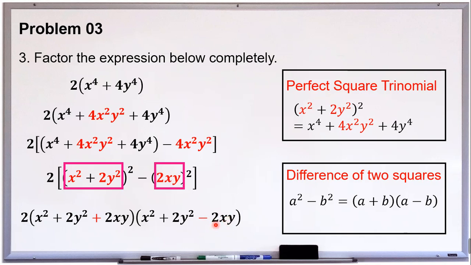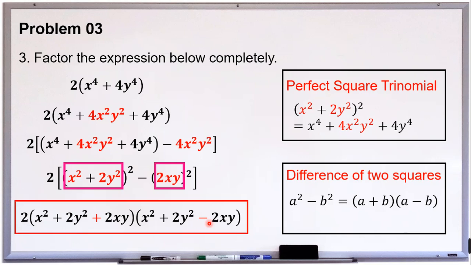Therefore, the factors of our given expression is we have the constant 2, and we have this one x squared plus 2y squared plus 2xy, and we also have the x squared plus 2y squared minus 2xy. Each of the factors here cannot be factored out further because this one is already in its simplest form. And this is our final answer for our problem number 3.